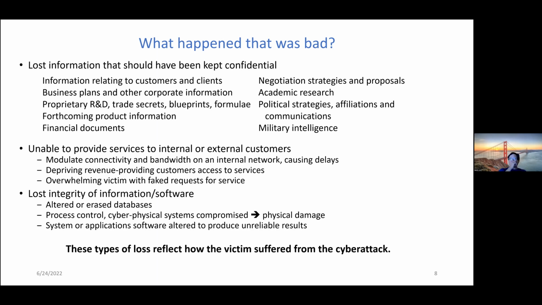So there are all kinds of things that I can do to diddle with availability. And then there's the integrity issue. The victim has lost integrity of the information or the software. So, for example, you can erase or alter databases improperly in ways that maybe you weren't able to detect.